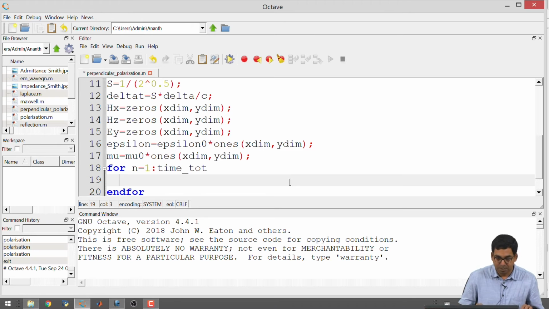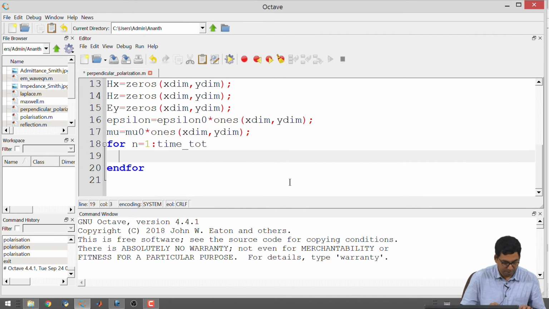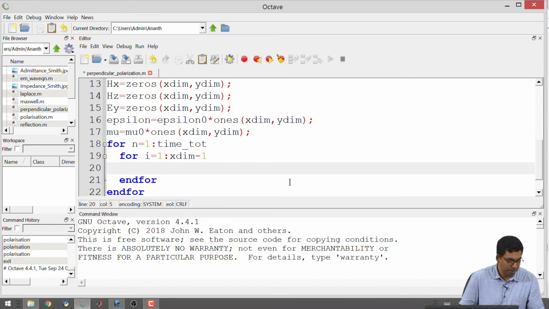Okay. So, now I have a time loop and then inside this I need to have some updates for all points in space. Okay. So, I am going to have for i equal to, I will just make it 1 to x dim minus 1, for j equal to 1 to y dim minus 1.